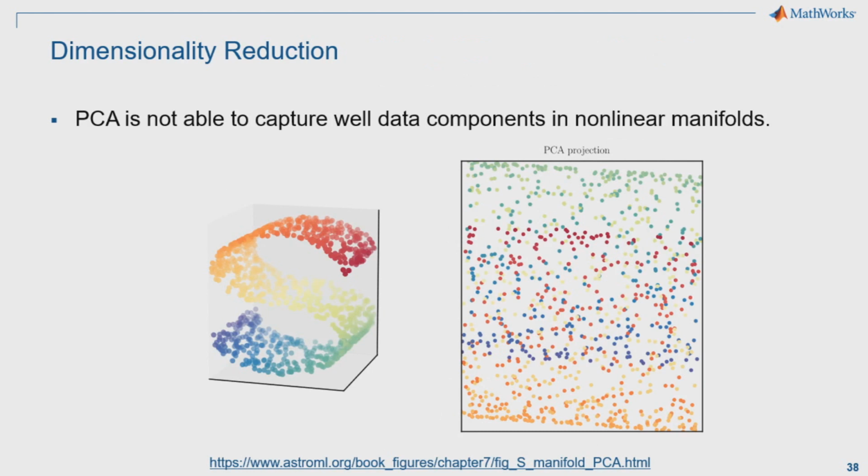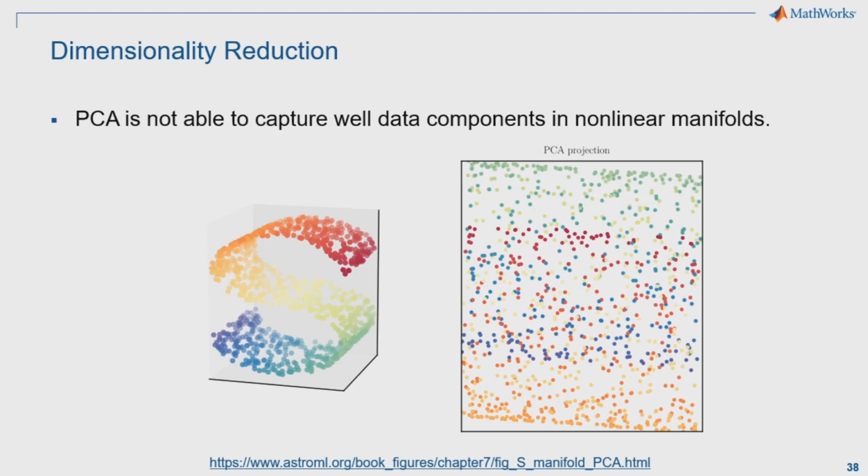However, PCA is not able to capture data components well if we have highly nonlinear problems. For instance, if we want to map nonlinear manifolds, which is the example of our 3D race kart of Mario before, where Mario was running.